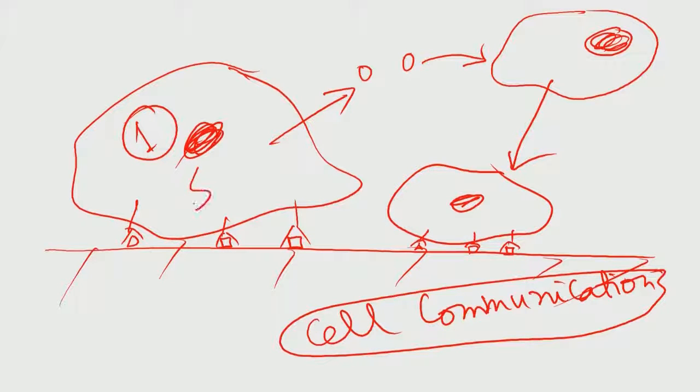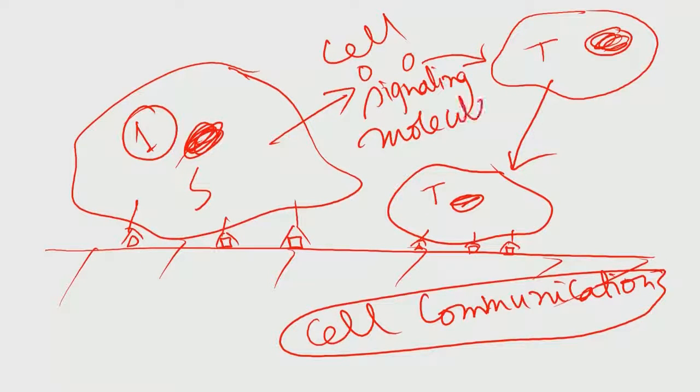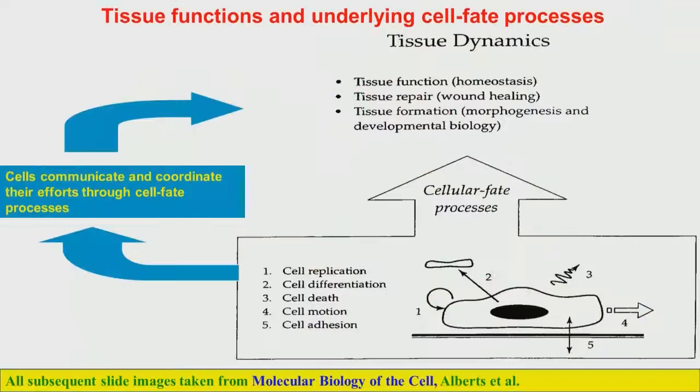Here is the source cell and this is the target cell, and after receiving these instructions, conveyed through the cell signaling molecules or soluble proteins, the target cell will perform certain desired functions. These functions are essentially cell fate processes.